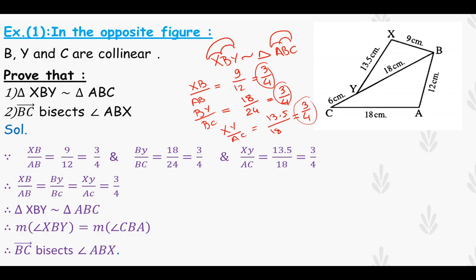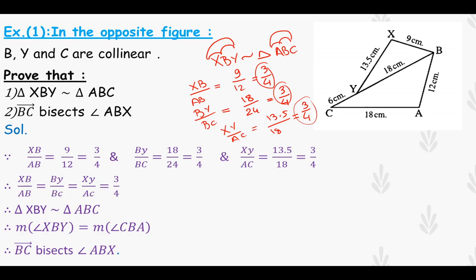Okay? So again, using the PowerPoint, here we have XB over AB equals 9 over 12 equals 3 over 4. BY over BC equals 18 over 24, which equals 3 over 4. And XY over AC equals 13.5 over 18, which equals 3 over 4.